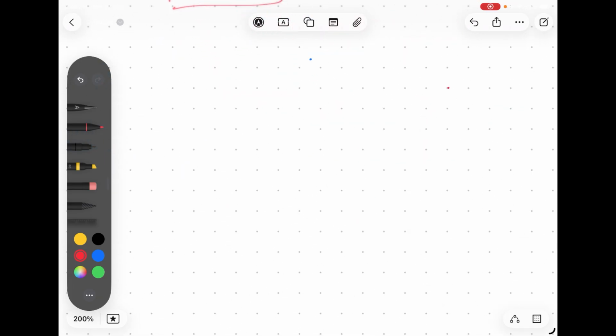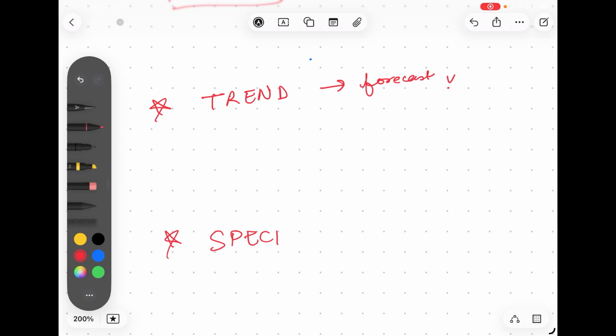Okay. Now another type of report is known as trend. Like there was a METAR, there is a trend, there is also something called a SPECI. So read on it at your own time. So trend is basically a forecast valid for 2 hours after the METAR.